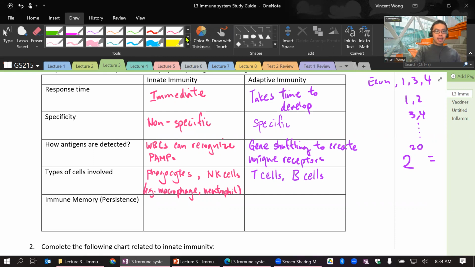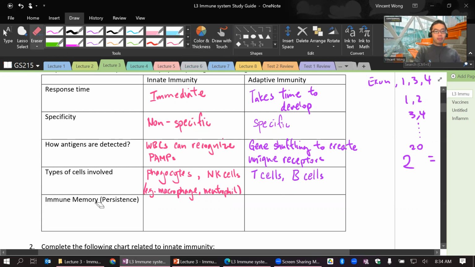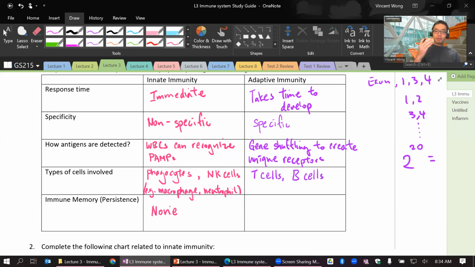And there's one last category here, which is called immune memory. How persistent is it? For innate immunity, there is no immune memory, none. You won't remember what you fought off. Like, if you touch a dirty table, and then you eat food with dirty hands, you're going to have to fight off all the pathogens that you introduce into your mouth.